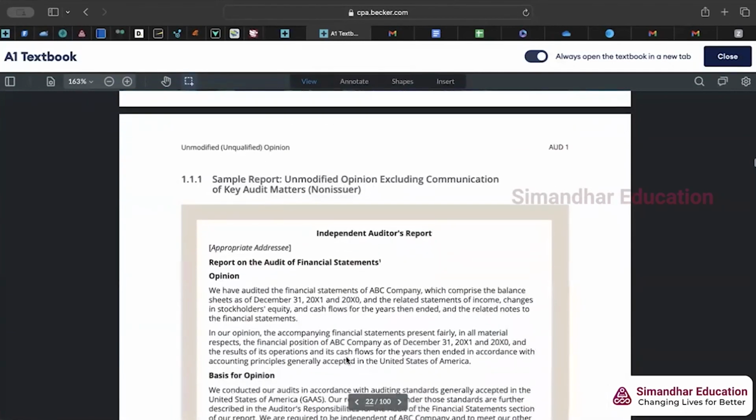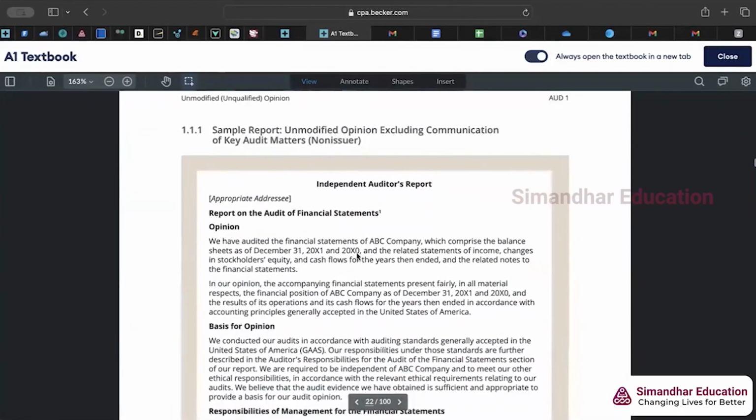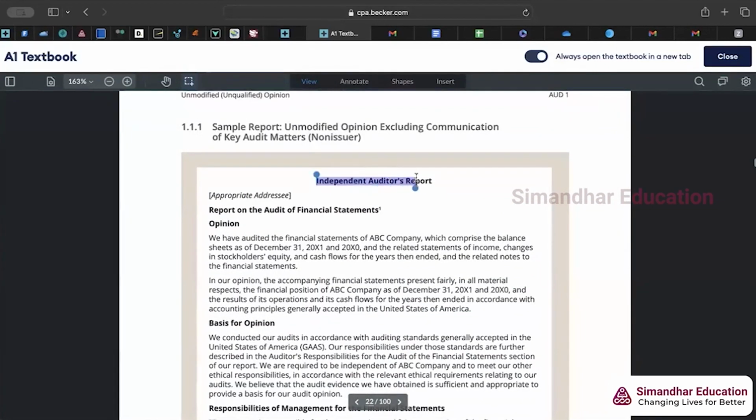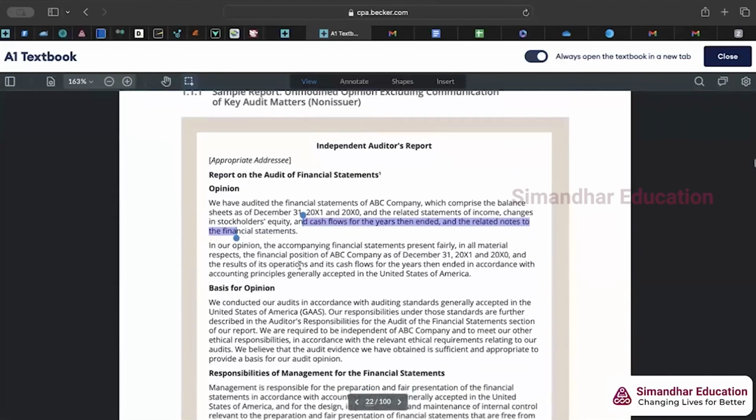Okay, let's look at the sample. Independent auditor's report, whatever addresses you have to put. Opinion. We have audited the financial statements of ABC company, which comprise the balance sheet for so and so year, related income statement, changes in stockholders' equity, cash flows, and related notes to the financial statements.